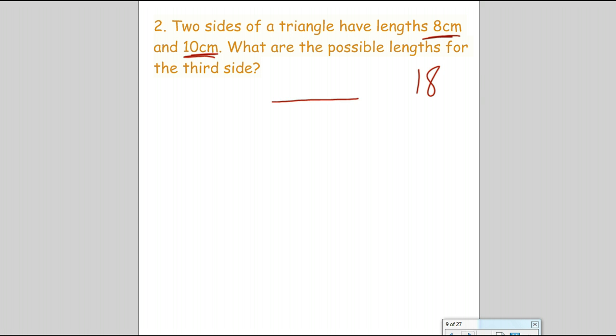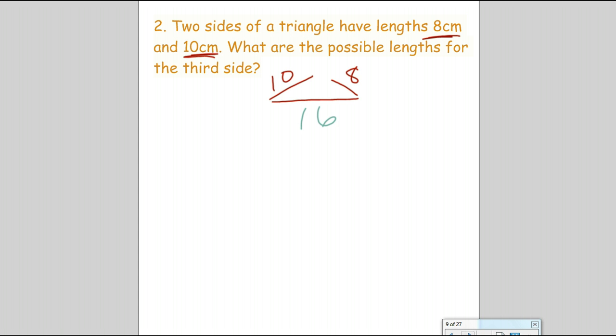No. If my bottom was 18, would 10 and 8 be able to reach? What is 10 plus 8? 18. So by the time they touch, it would collapse. Okay, so 18 would not work. Give me another number. From Ashley this time. 16. Okay, would 16 work? Thank you, Ashley.